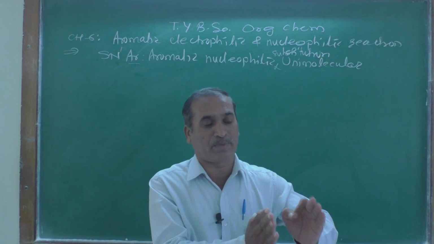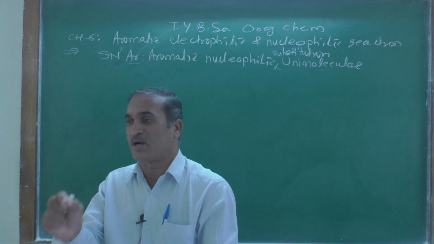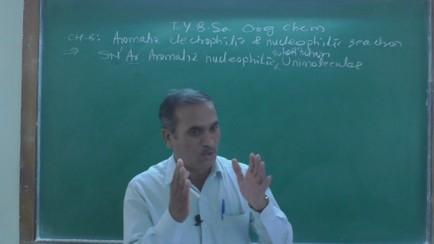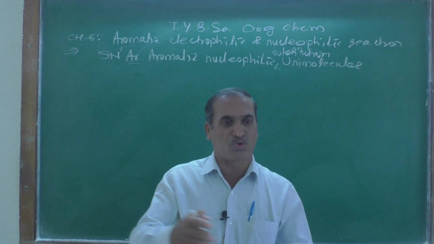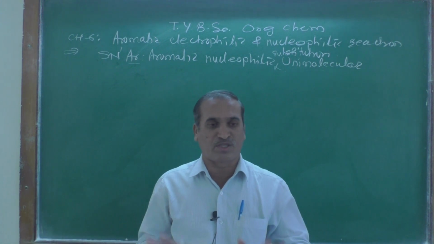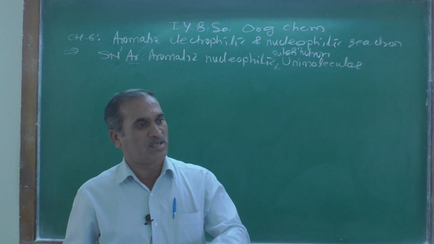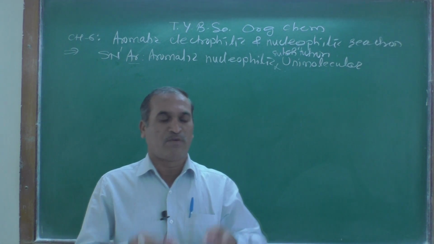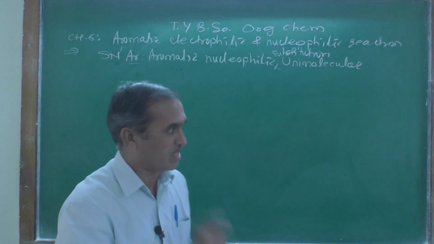This reaction takes place at low temperature, which should be kept at 0 to 5 degrees centigrade. Then the diazonium salt is formed, and once it is formed, you can treat it with different reagents and get different organic compounds, that is a specialty.